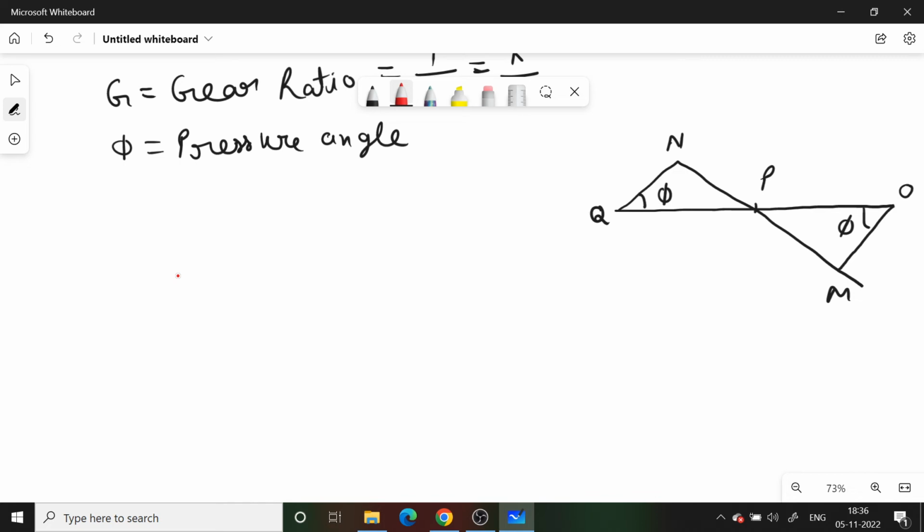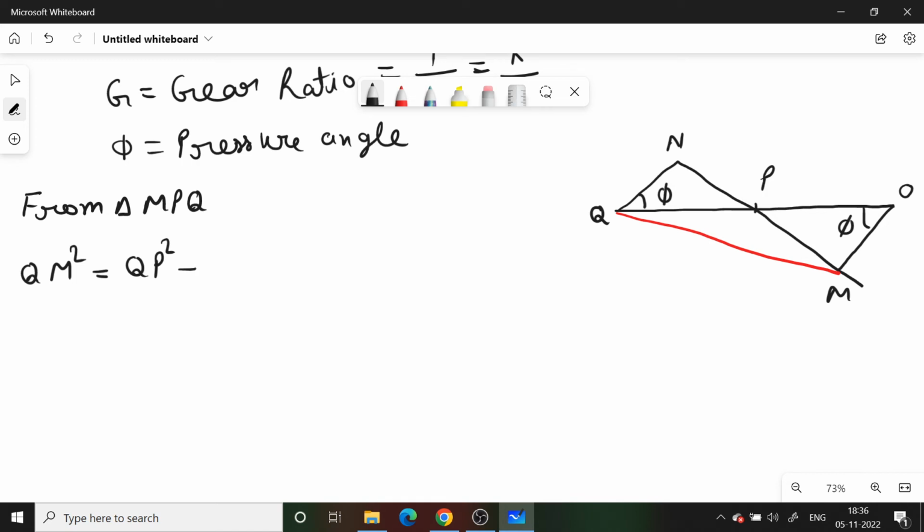Now from the triangle MPQ, QM square will be equal to QP square plus PM square minus 2 QP into PM into cos QPM.